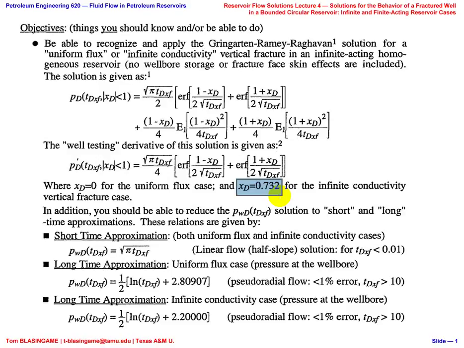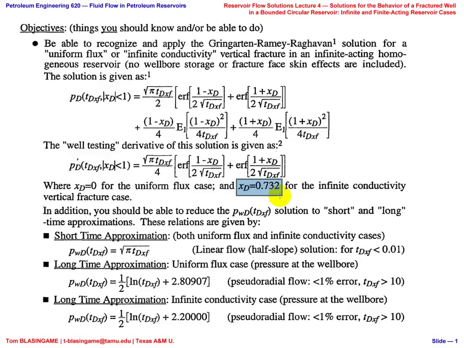Well, it turns out there's a magic point along the fracture that behaves like an infinite conductivity fracture. And they figured this out. And that magic point, and this has been done by Gringarten, Ramey, and Raghavan, it's been proven by Kuchuk, it's been proven by simulation. That magic point is 0.732. Okay?